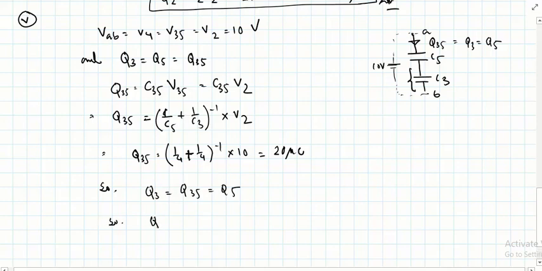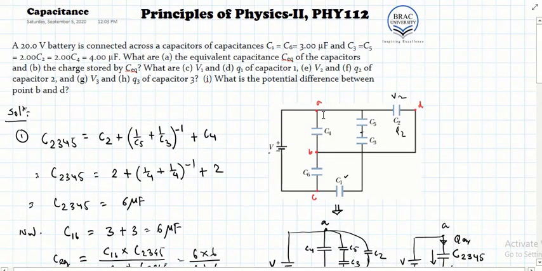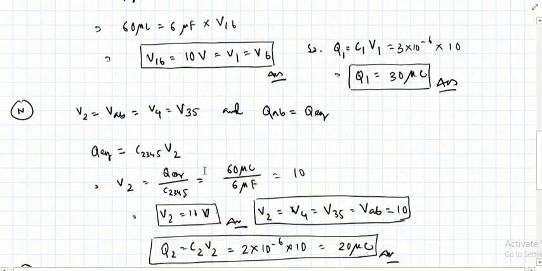So Q3 is basically 20 microcoulomb, and Q3 is C3 V3, which implies V3 would be Q3 divided by C3. So Q3 is 20 microcoulomb, and what is this capacitance? C3 is 4 microfarad, right? Let me check that one. C3 is exactly 4 microfarad.